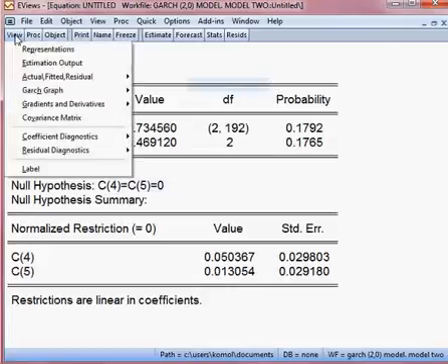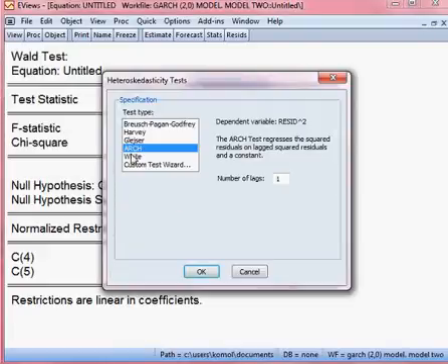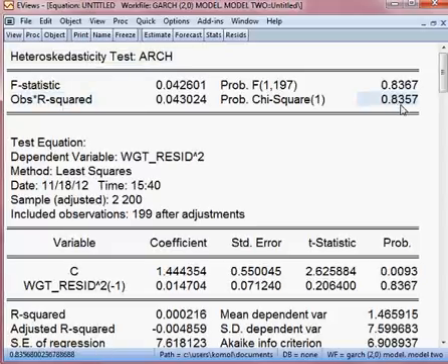I go to View, then Residual Diagnostics, then ARCH test. I click here, and here I choose ARCH, and here I choose lag 1, right? I click here, ARCH test. ARCH test, observed R-squared, p-value 83.57%, which is more than 5%.